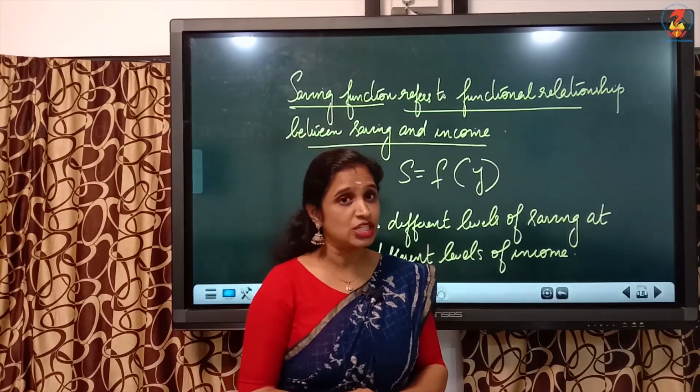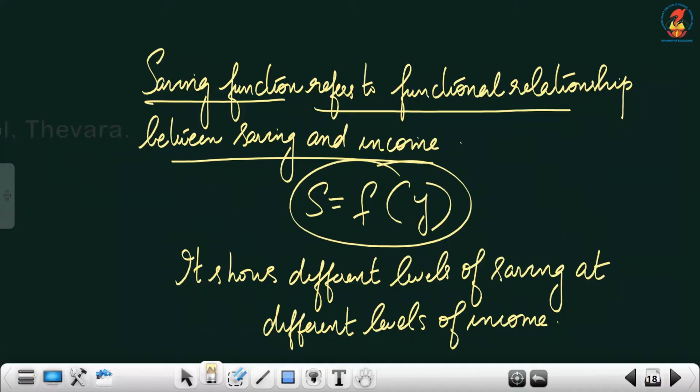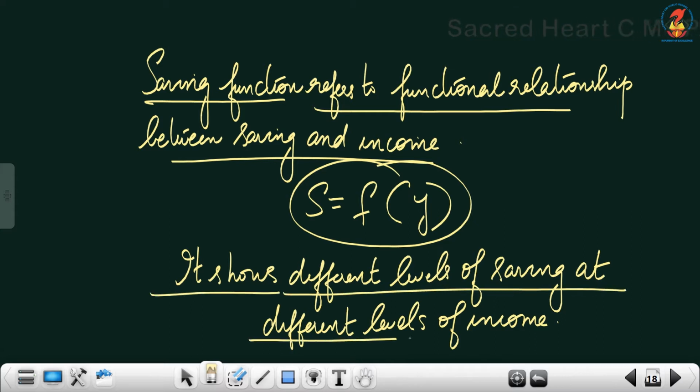Therefore, just as we have written C is the f of Y, we can also write S is the function of Y, where when the income increases, saving also increases. Now, saving function shows the different levels of saving at different levels of income, because at different levels of income, what are the different levels of saving? That is what the saving function shows us.